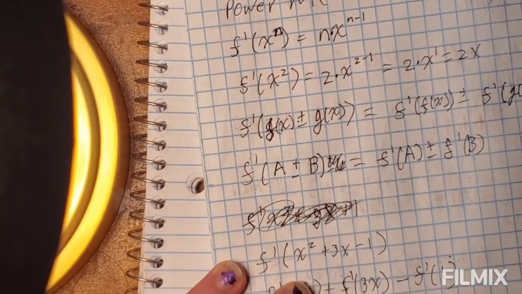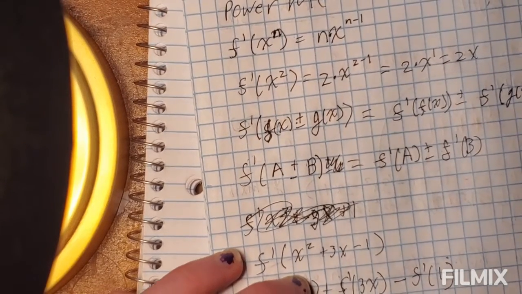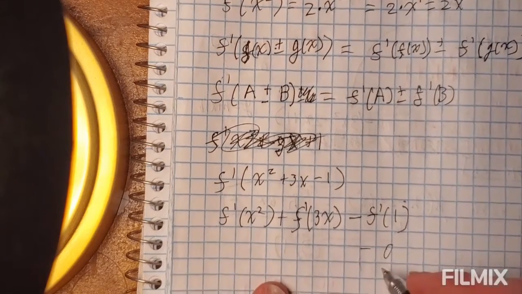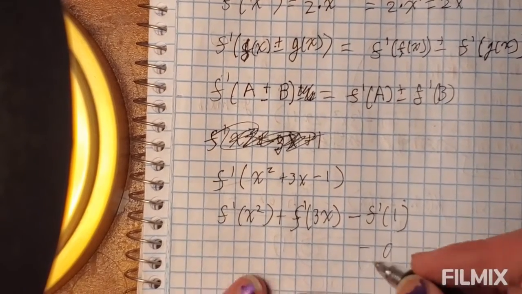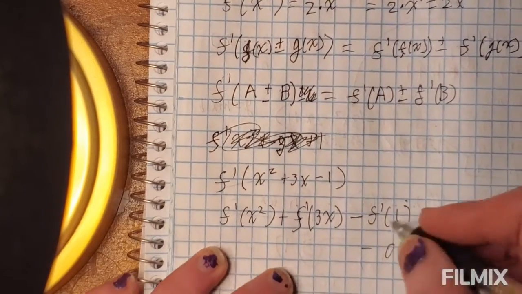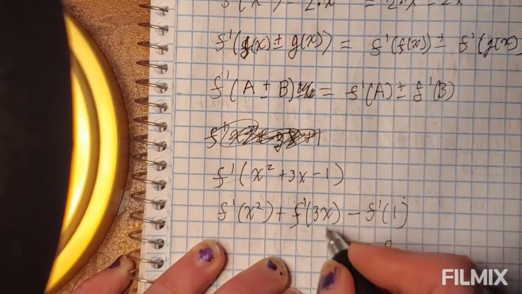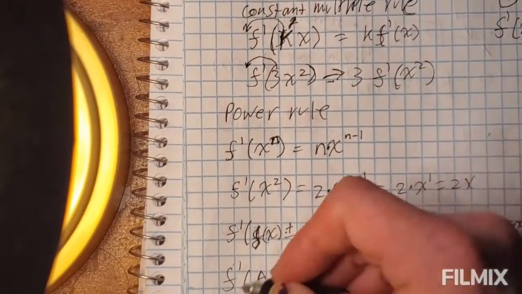So this one is simpler. Minus 0, and we can just forget that exists, because minus 0 is unnecessary. I'm just writing it out so that you know what I did. For this one, we're going to use the constant multiple rule, taking the 3 out.